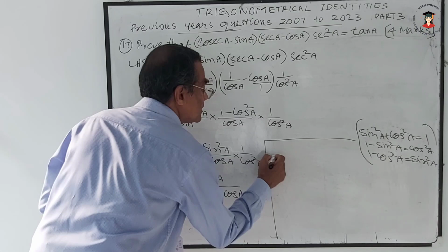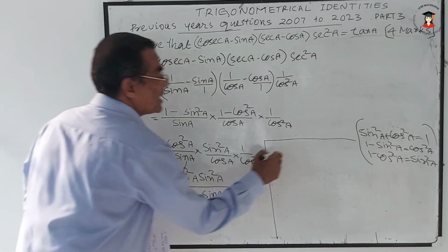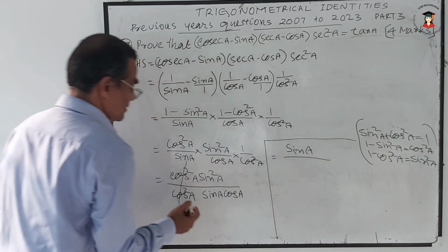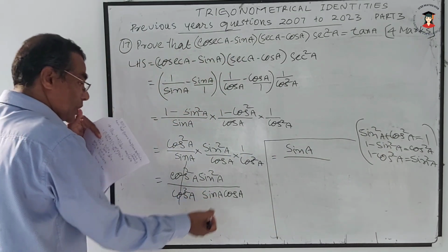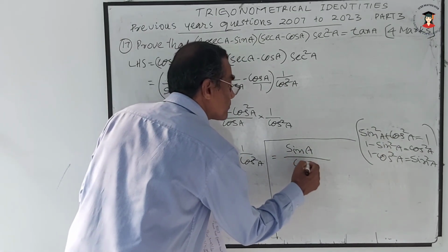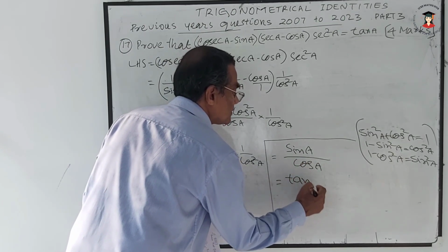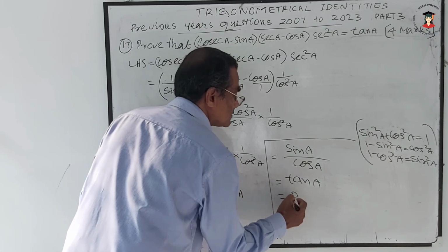What is remaining is cos A in the denominator. That is tan A, which is RHS.